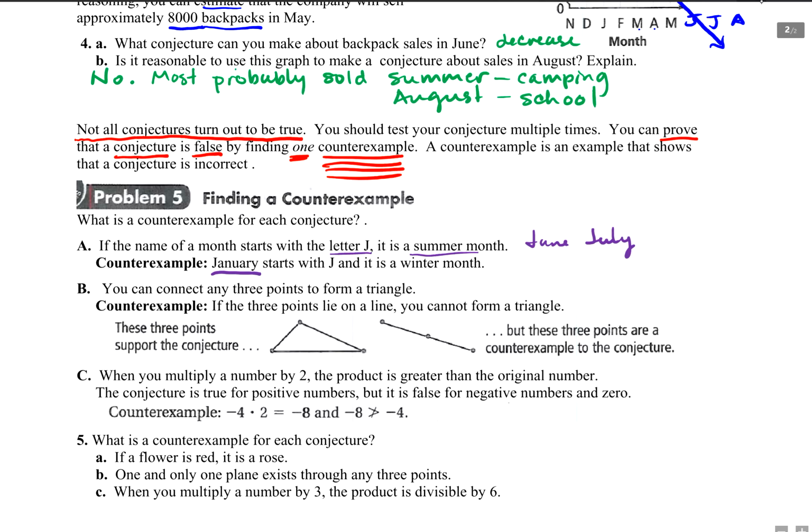It proves your conjecture false. Okay? So our conjecture is if the name of a month starts with the letter J, it's a summer month. And we say no, January. January is a winter month that proves your conjecture false. So we would say this conjecture is false.